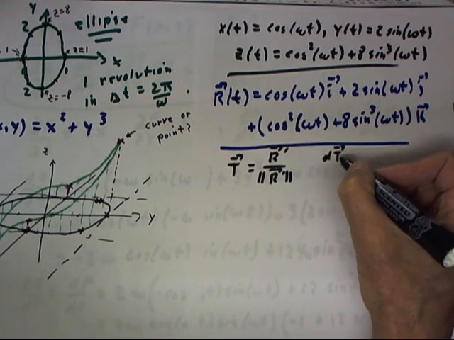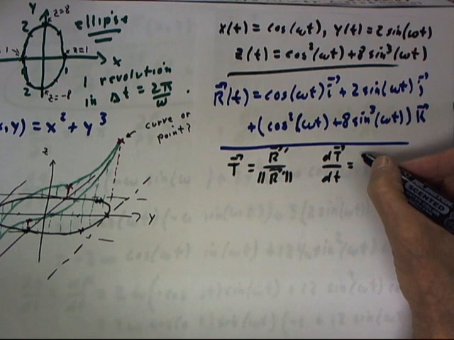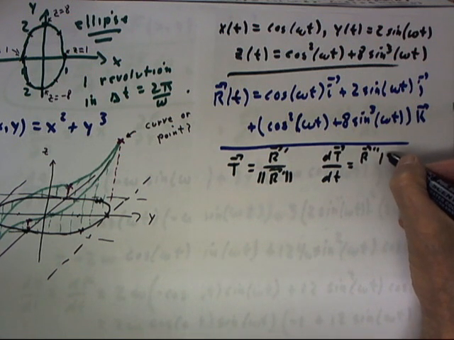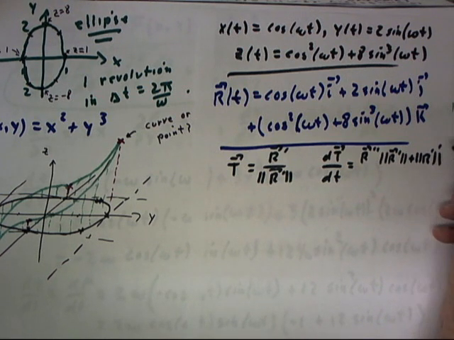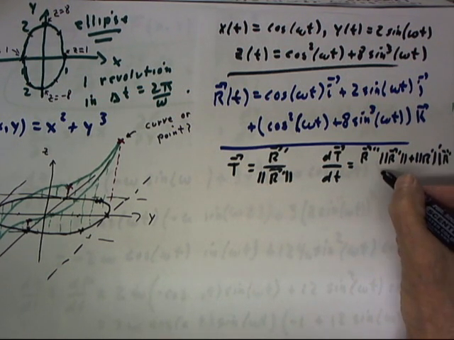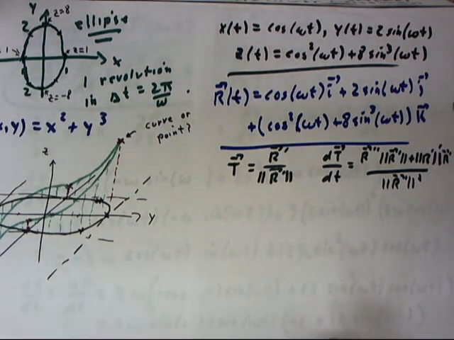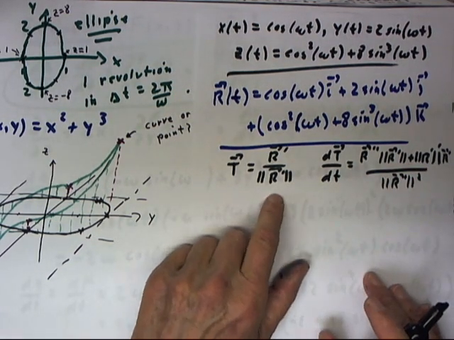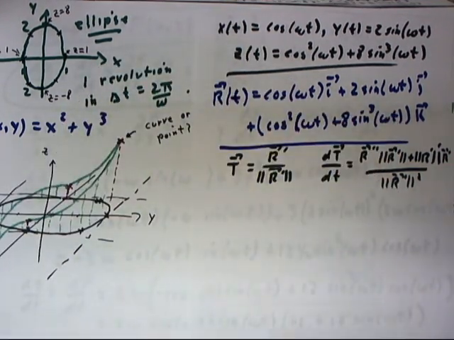Take the derivative of the unit tangent vector with respect to t, and that's going to be r double prime times the magnitude of r prime plus the derivative of the magnitude of r prime times r prime, all divided by the magnitude of r prime squared, and that's going to be a rather disturbing algebraic expression.